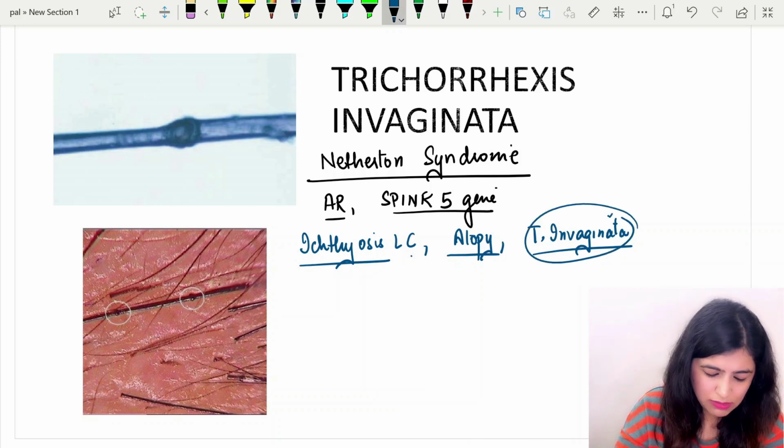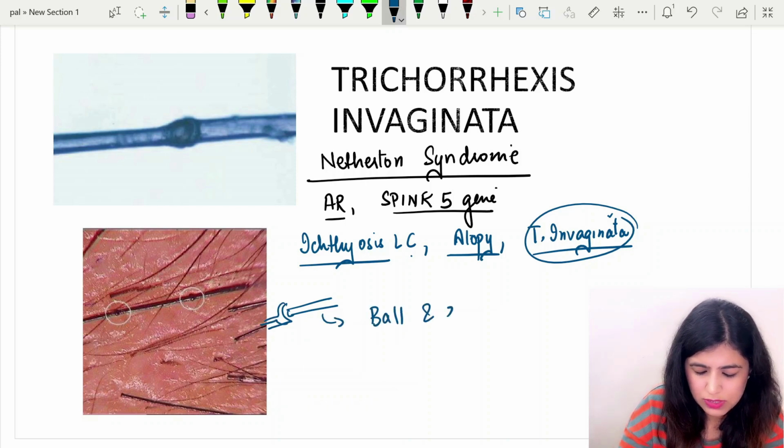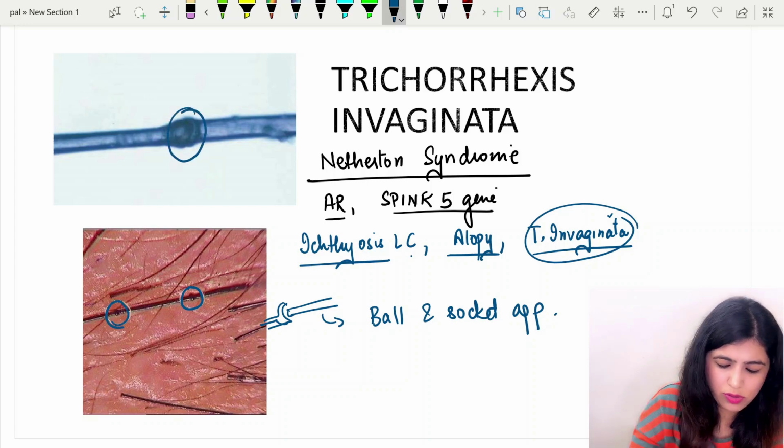In trichorexis invaginata, there is telescoping of the distal segment of hair into the proximal segment. There is another name to it, which is called the ball and socket appearance of the hair. Everywhere this telescoping happens, there forms a node on the hair.